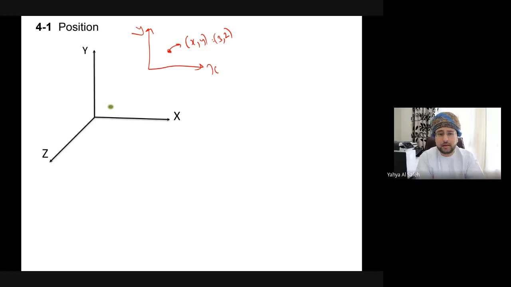And we can do the exact same thing with a 3-dimensional object, only we'll have 3 numbers, x, y, z. 1 number to describe how far it is from the 0 of x, 1 number for how far it is from the 0 of y, and 1 number for how far it is from the 0 of z. So far, so good. How do we find these? We'll come back to it later, but you have done parts of it already.